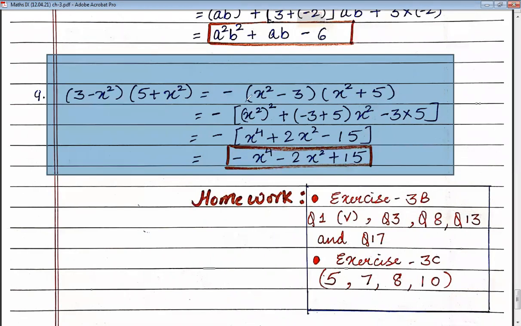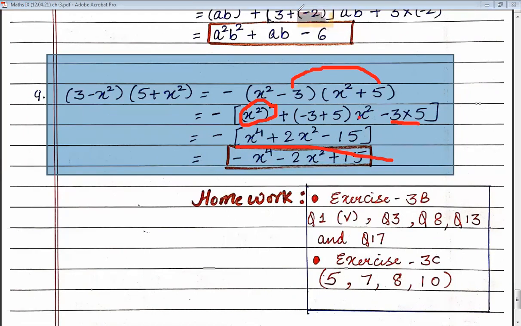So first you will do x square whole square, then add the second terms, that is minus 3 plus 5 times x square, and then find the product, minus 3 into 5. So your answer is x to the power 4 plus 2x square minus 15, and as there is a minus sign outside, your final answer is minus x to the power 4 minus 2x square plus 15.